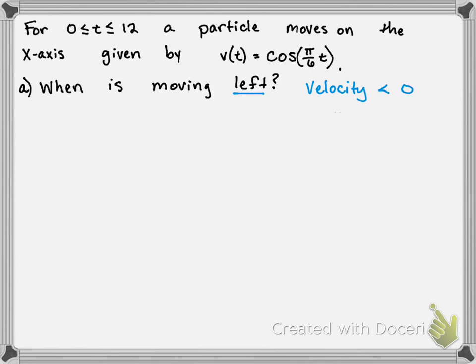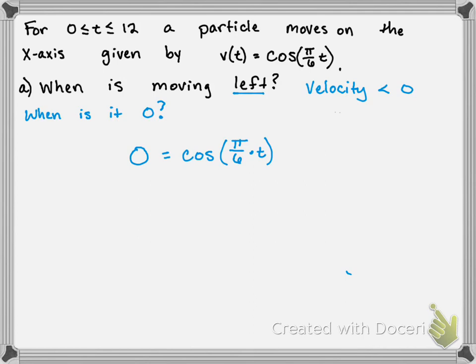So we're just going to see when it is 0. I'm going to first try to figure out when my velocity is 0. So if I plug 0 in for the entire velocity, 0 equals cosine of pi over 6 times t. What you have to do right here is think about what values would make that equal 0.